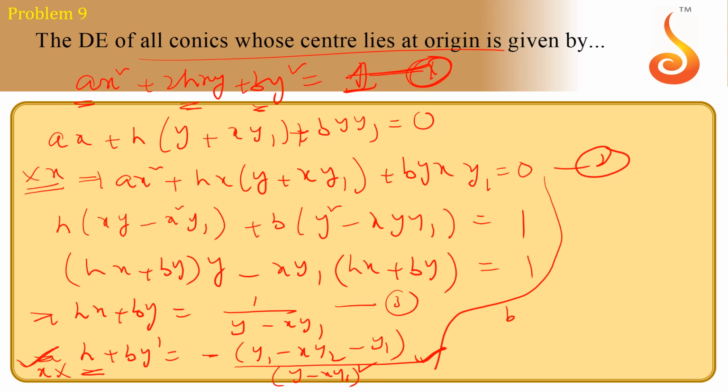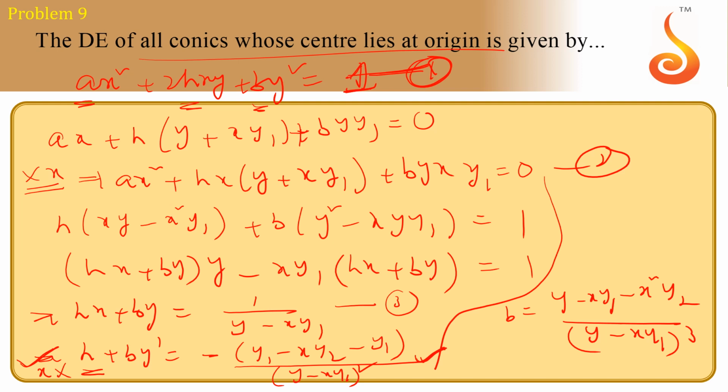So that b will be equal to, what you got here, y minus xy1 minus x square y2 by y minus xy1 whole cube.